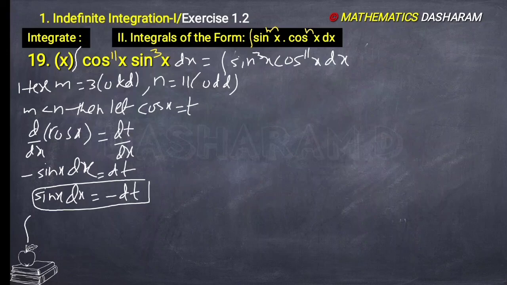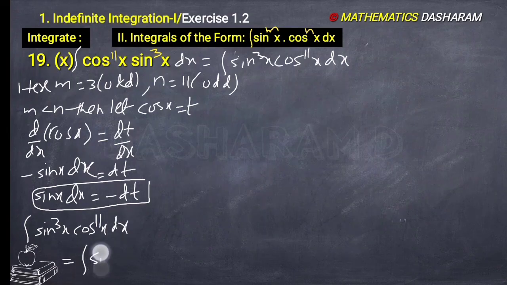So write the given question, integration sin cube x into cos to the power of 11x dx, equal to integration sin cube x, which I am writing as sin square x into cos to the power of 11x into sin x dx.